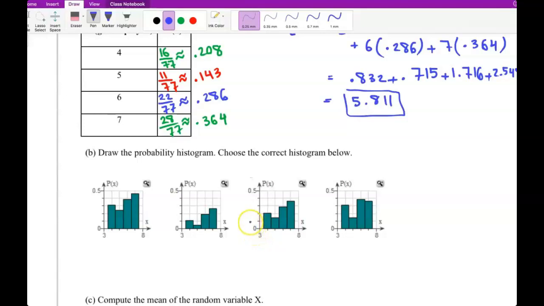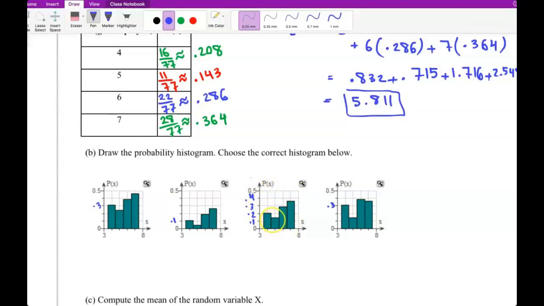Here is 0, 0.1, 0.2, 0.3, 0.4, and 0.5. See, this one is 0.3. Here it's close to 0.1. And here is 0.3. But that means here is 0.208, so this is the correct one.